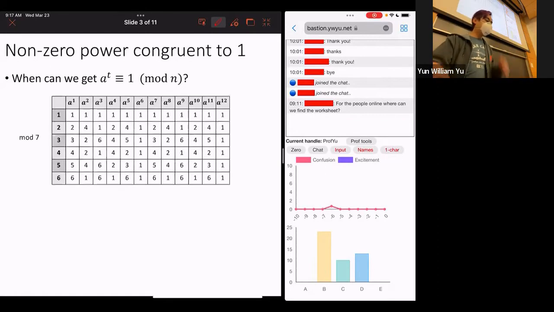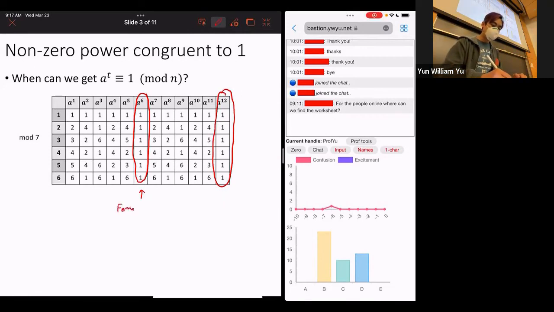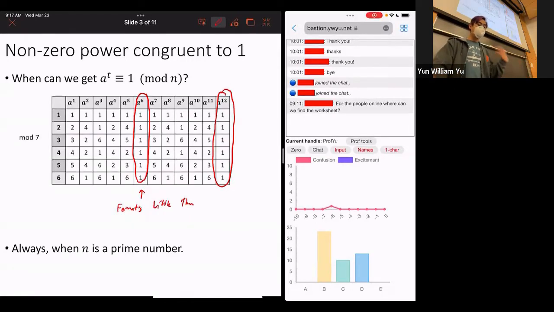Well, if you think back to Fermat's little theorem, when you have the prime modulus, sometimes the entire column is all ones, right? So this is always true when n is a prime. But for composite n, that's not always true.